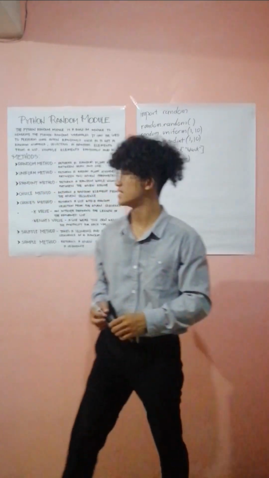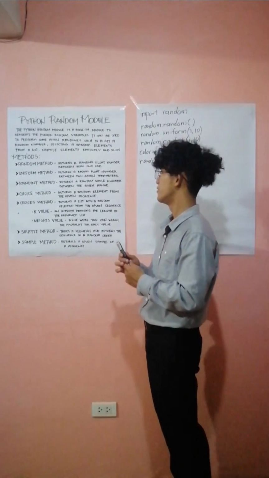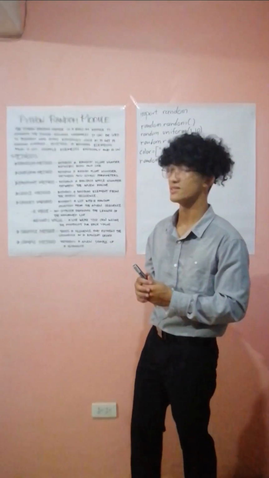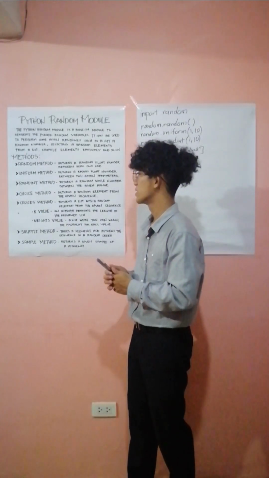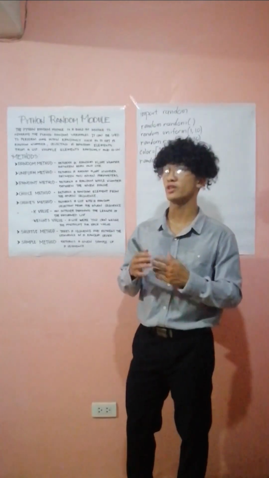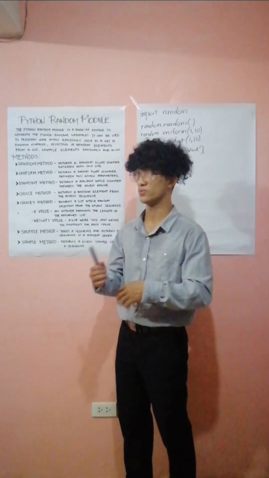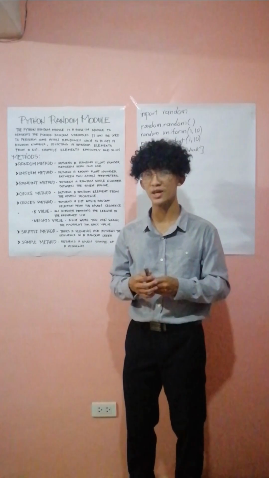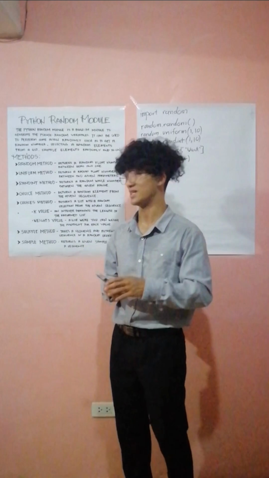And the next one is choices. So choices returns a list with a random selection from the given sequence. So what is the difference between choice and choices? In the choice method, the system will just randomly pick one element from the list, while choices, from its plural form, means we can get multiple elements from the list.